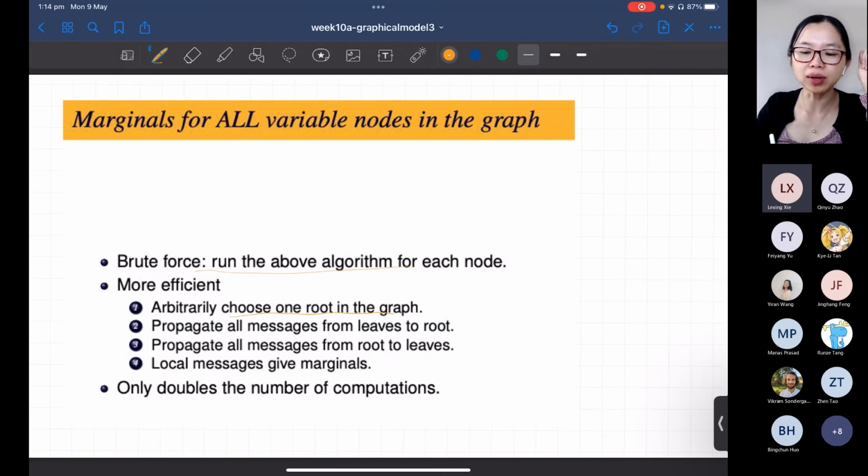And we can propagate all messages from leaves to root, and then propagate all messages from root to leaves. And then we just pick the right combinations of messages to get all the marginals. So as we saw from the example, this only doubles the number of computations rather than having to do it n times.